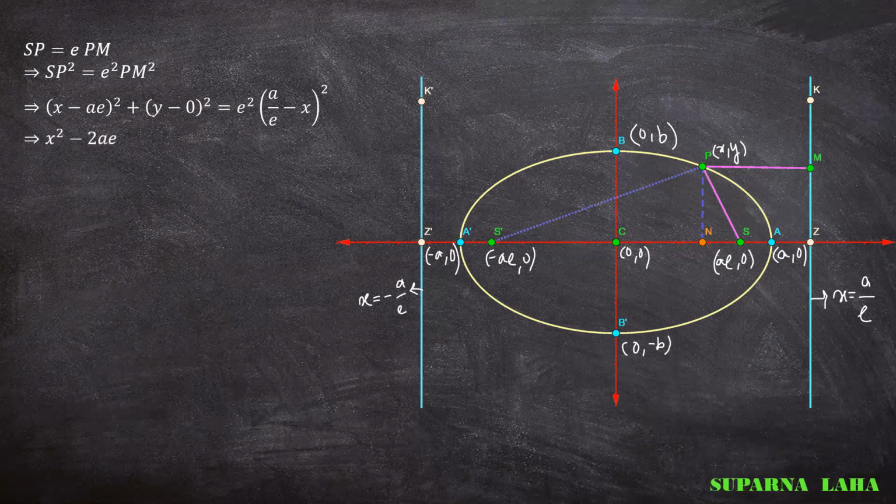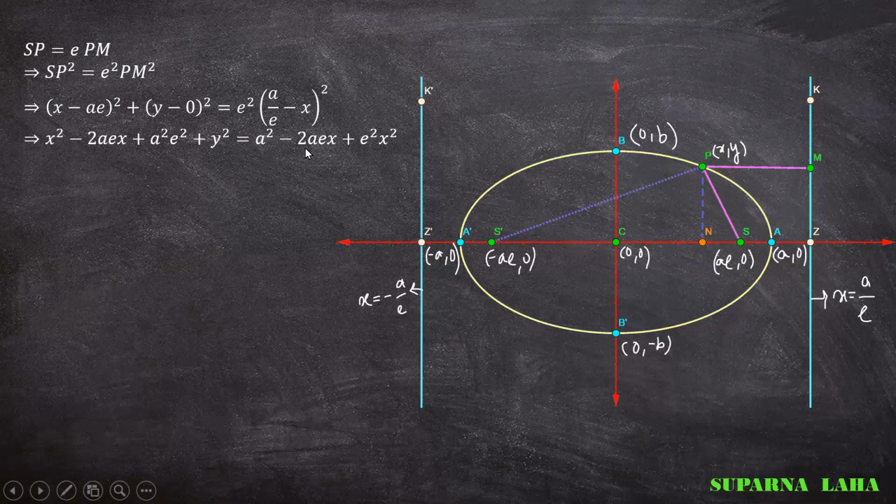So if we expand the squares, it will look like this. (x minus ae) whole square, that is x square minus 2aex plus a square e square. And this is y square only, (y minus 0) whole square. And the right hand side, taking e common, that will be a square minus 2aex plus e square x square.